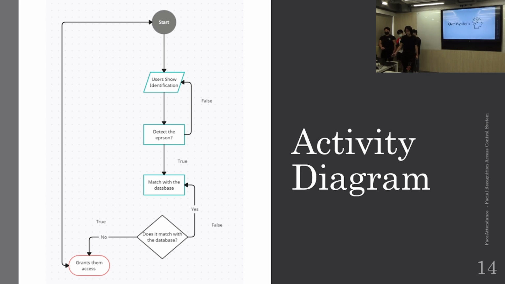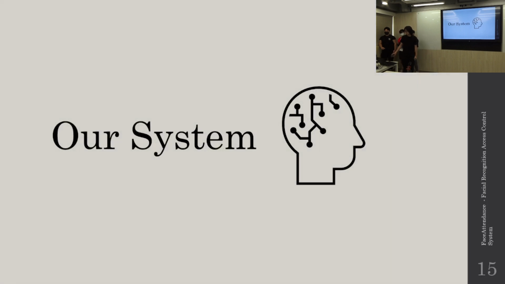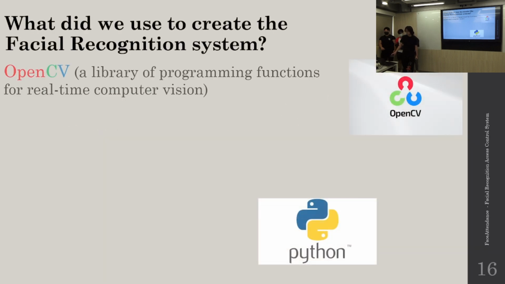Hello, I am IT4. Now let's talk about our system. First, the tools we use to create the facial recognition system are OpenCV and Python. OpenCV is a library of programming functions for real-time computer vision that can identify objects in visual data using pre-trained models that employ a machine learning approach called Haar cascade, an algorithm that can detect objects in images no matter their scale and location.